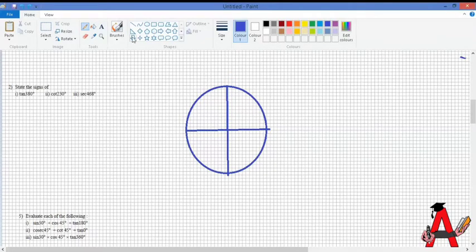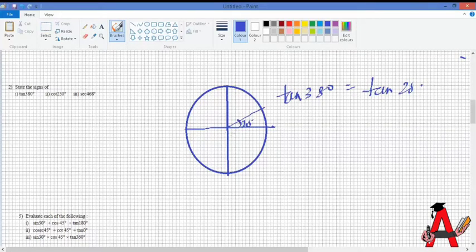Let us take an example of tan 380. Tan 380 will be the same as, if you reduce 360 from it, tan 20. Now suppose this is 20 degrees.